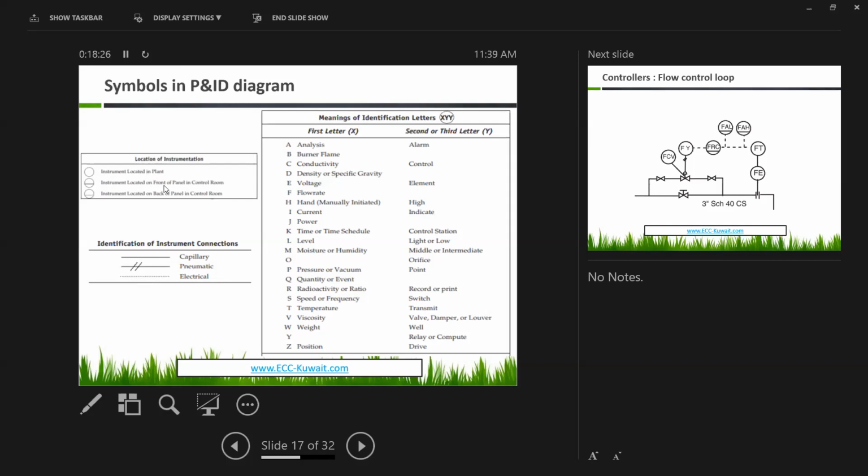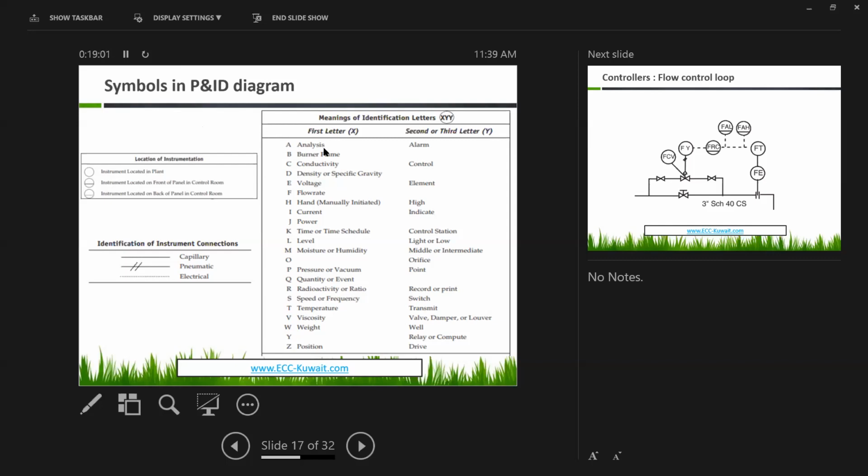For example, regarding the letters inside each flag, the first letter can be A, B, C, D, E, F, H, I, J, K, L, M, O, P, Q, R, S, T, V, W, Y, or Z. For example, if you see A as the first letter inside the flag, you will know that A refers to analysis.